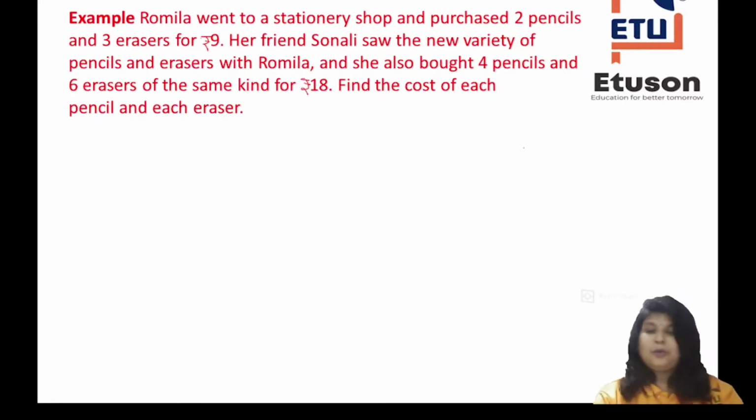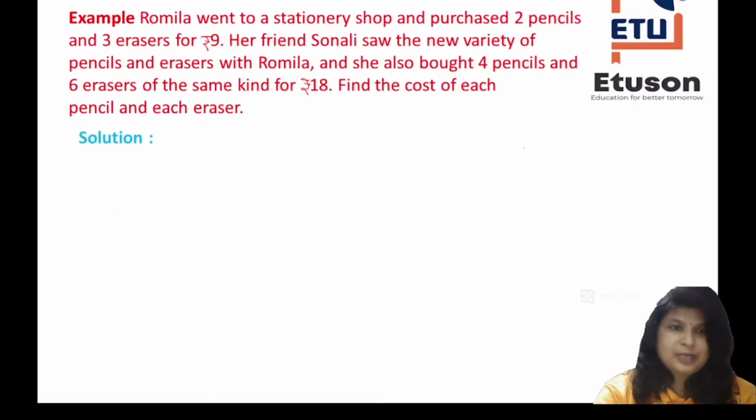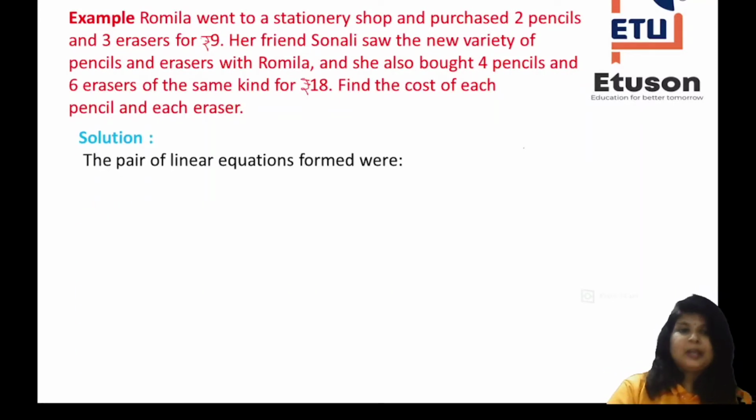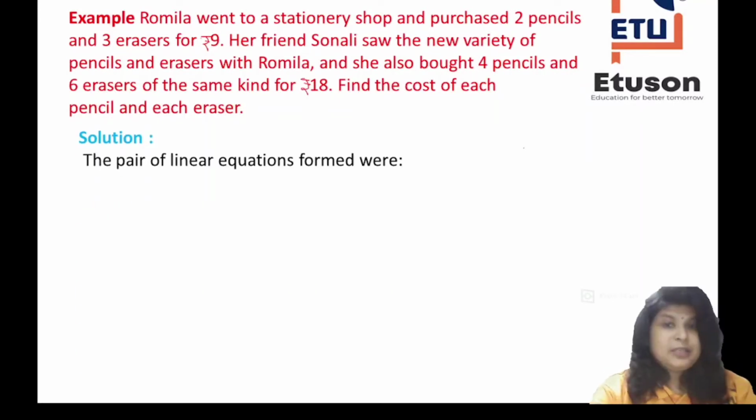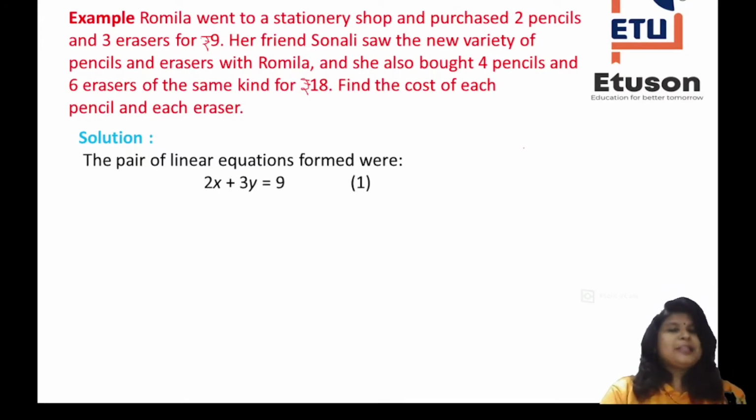So now you have got a pair of linear equations: 2x plus 3y is equal to 9 and 4x plus 6y is equal to 18.